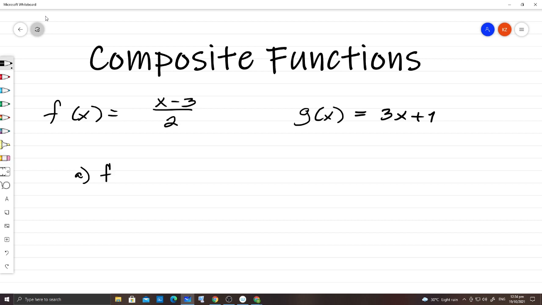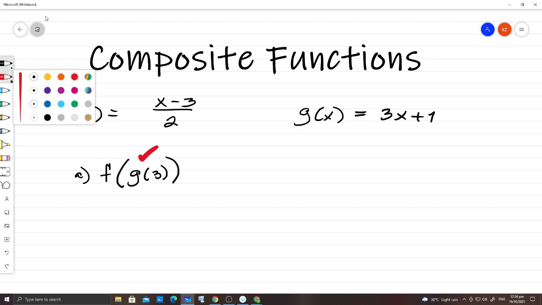So f composed of g of 3. What does it mean? The first step, I have to know what is the value of g of 3.